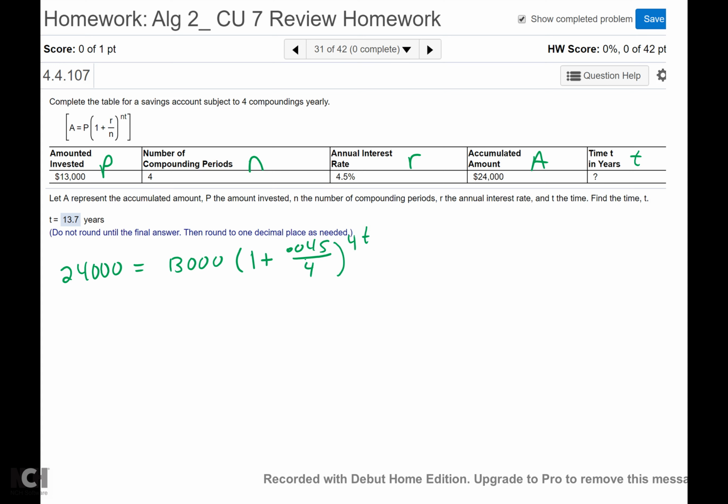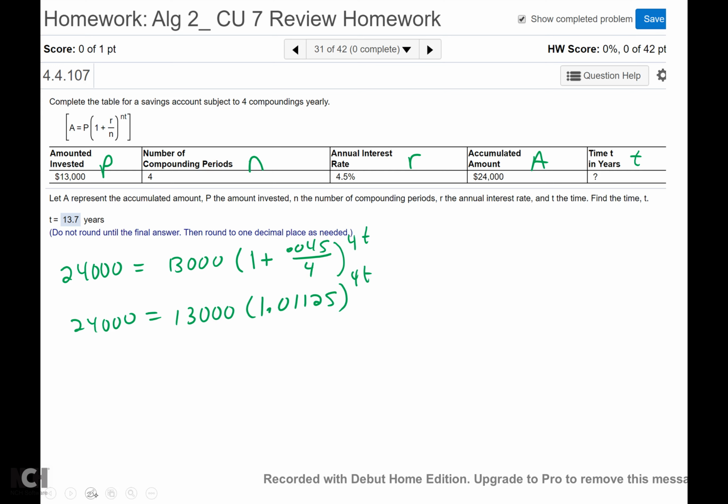So if I do inside parentheses first, 1 plus 0.045 divided by 4, I get 1.01125 to the 4t equals 24,000.